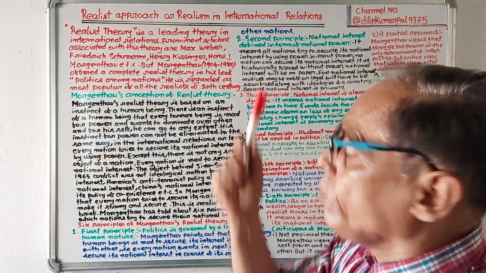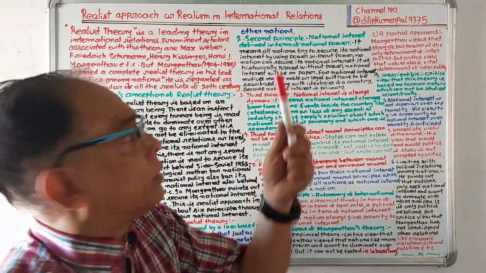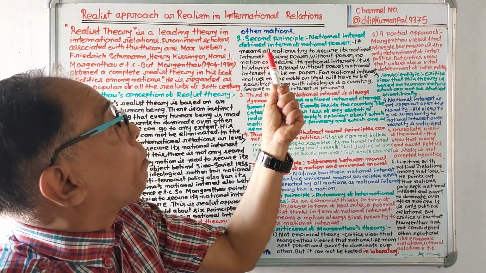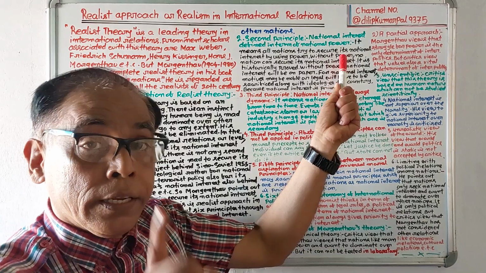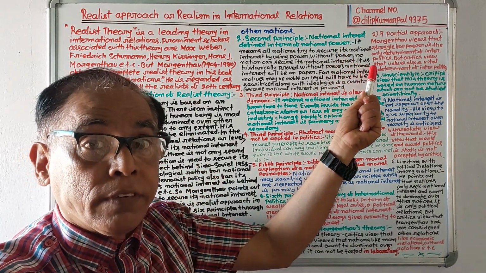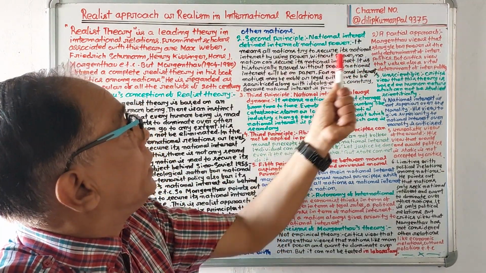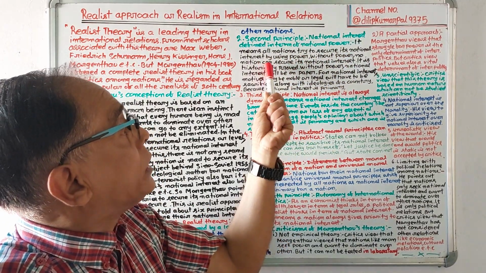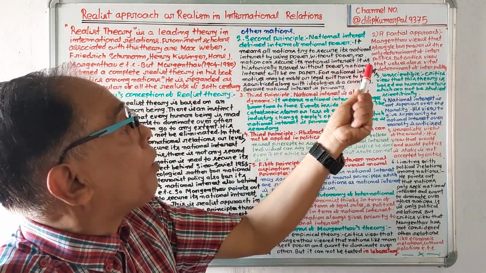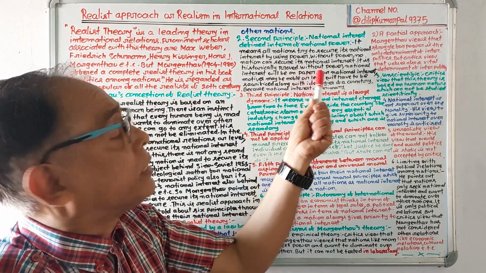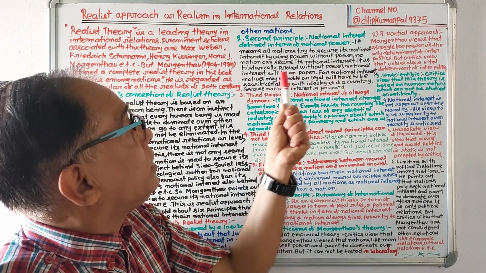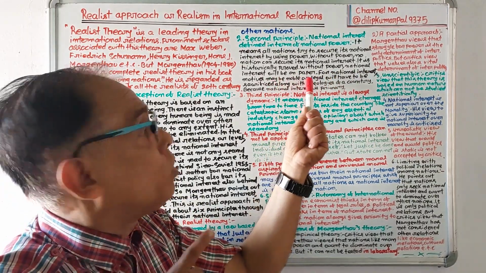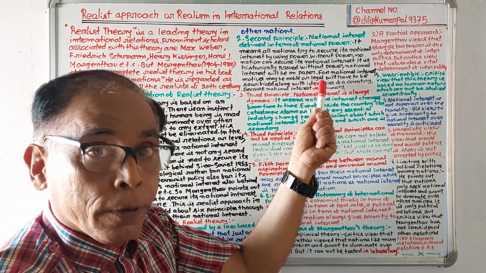Number 2. Second principle of Morgenthau: national interest is defined in terms of national power. It means all nations try to secure national interest by using power. Without power, no nation can secure its national interest. It is historically proved. Without power, national interest will be on paper.